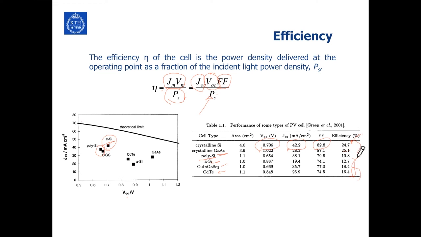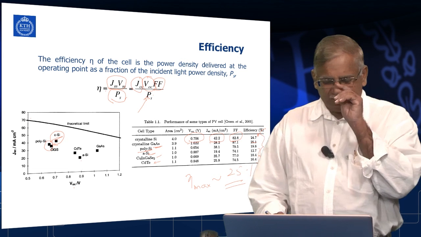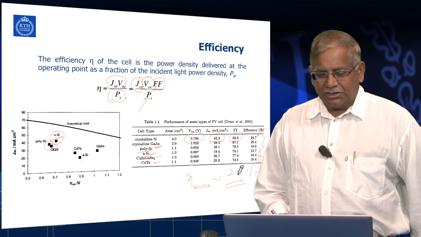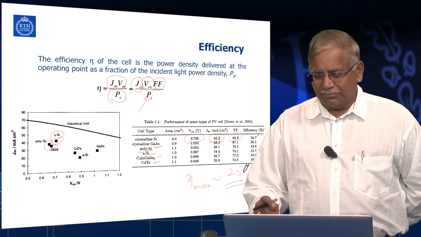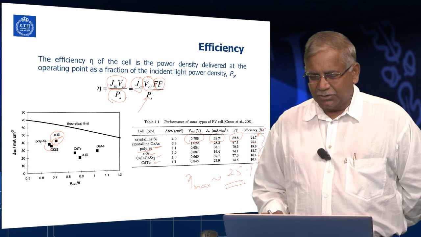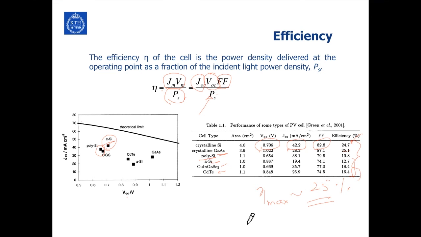Typically the maximum efficiency you can get is roughly 25% in a crystalline silicon solar cell. That is what I told you in the very beginning: the SunPower solar cell is pretty close to this value. I think they are reaching about 24% or so. SunPower is a company, and they make the most efficient solar cells.